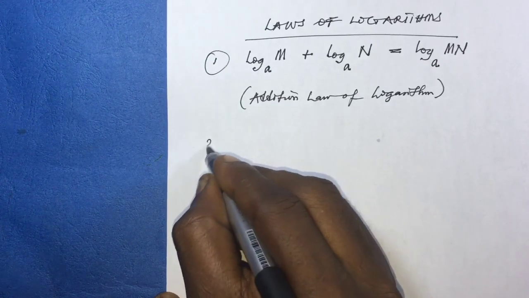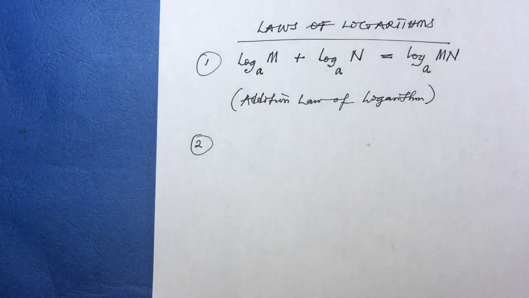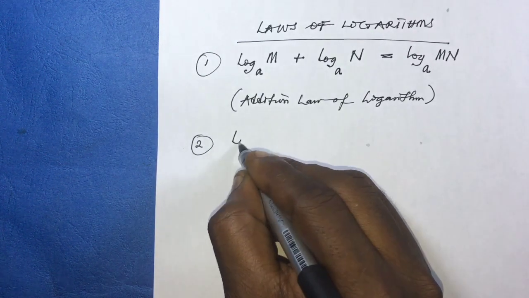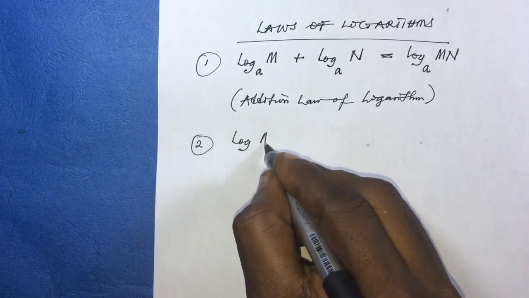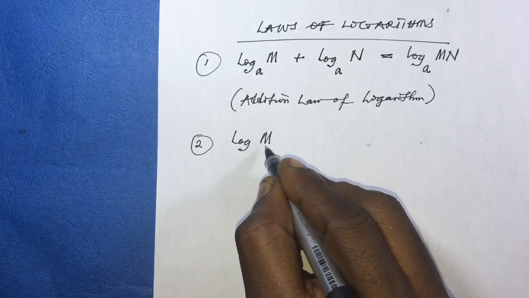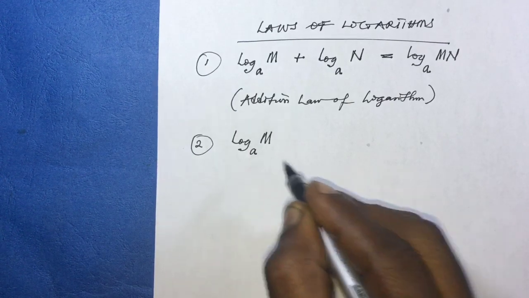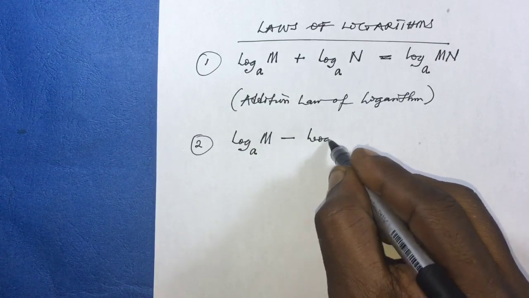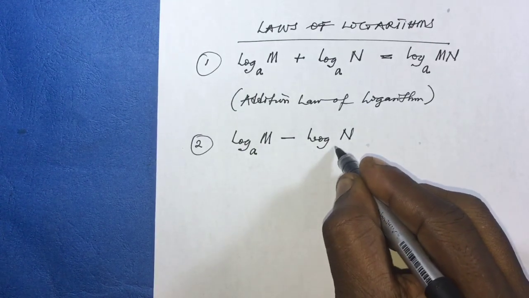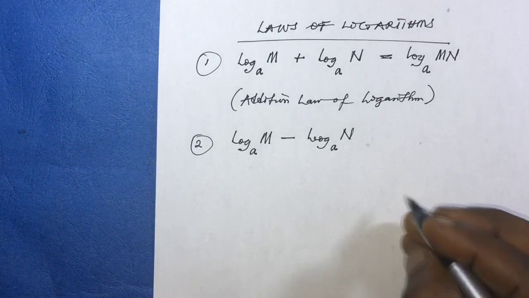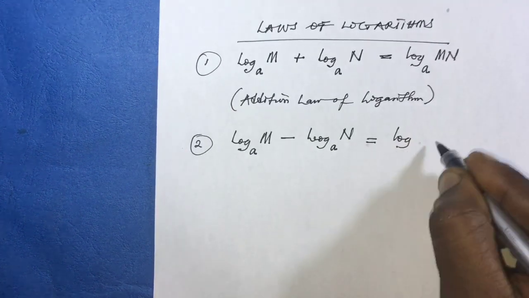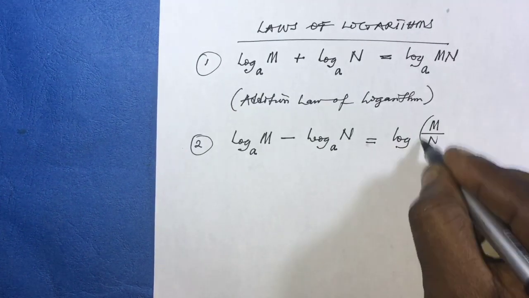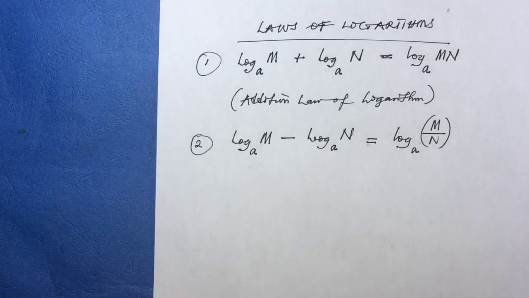Number 2, the second law. Take note of these laws because we are going to be proving them in my next video on logarithm. Okay? So law number 2 is this law. Taking the log of a number m in a given base, say a, and subtracting from the result the logarithm of a number n in the same base will give you the result log m over n in that base a.